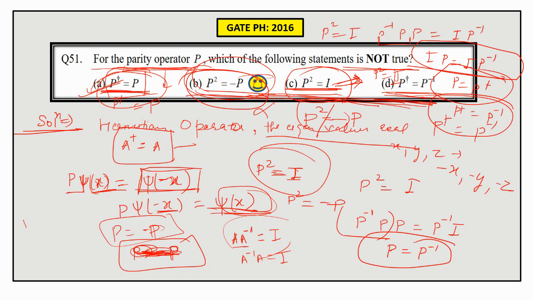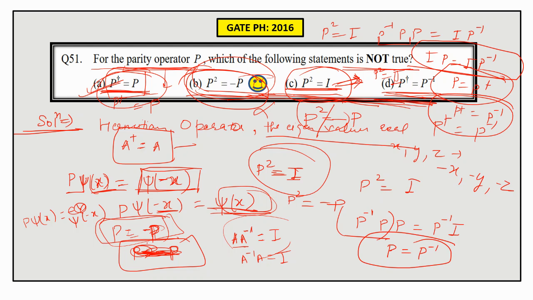So P operating on psi will give psi of minus x. I don't know if there is any such property. No, this will not be any property.